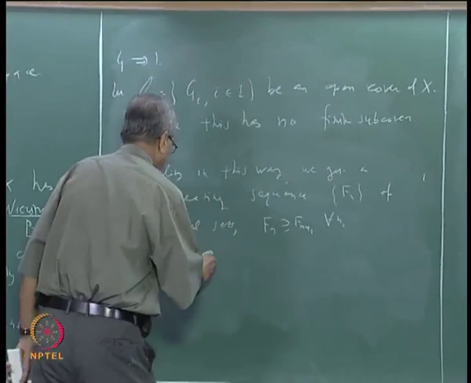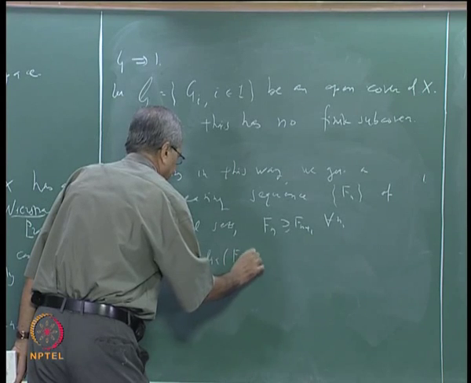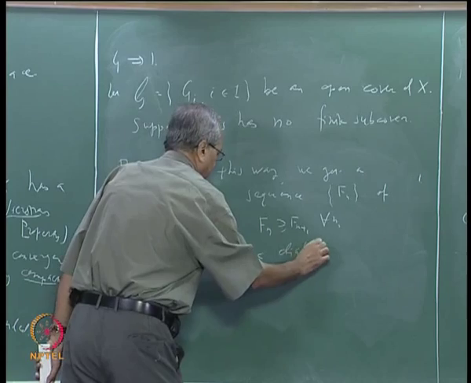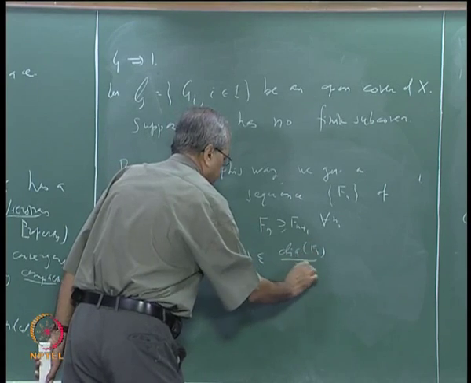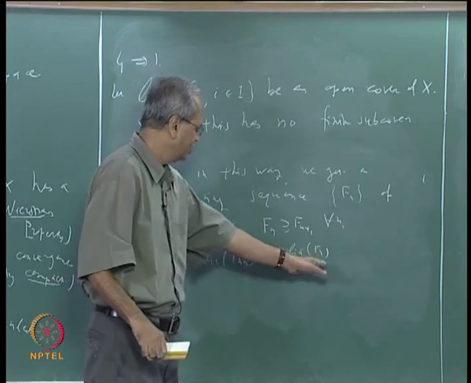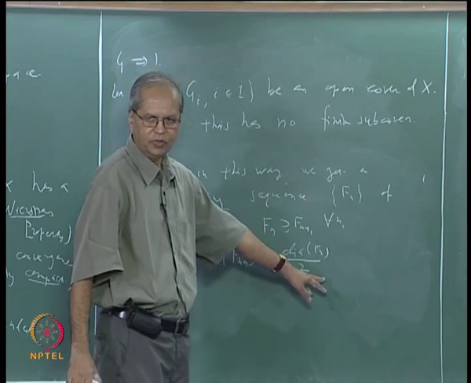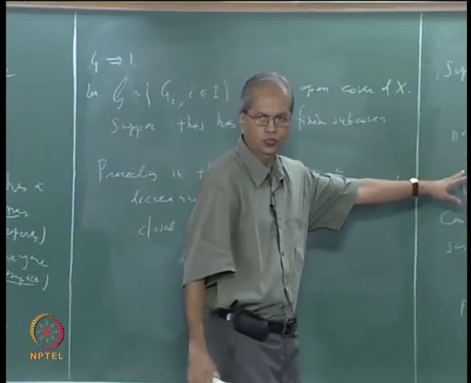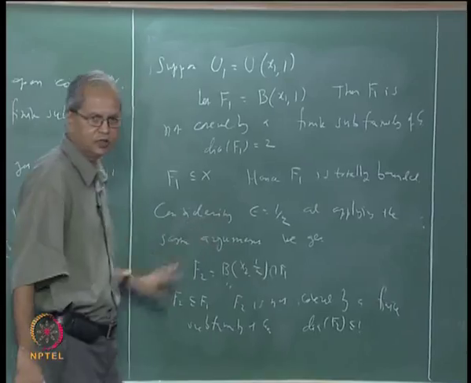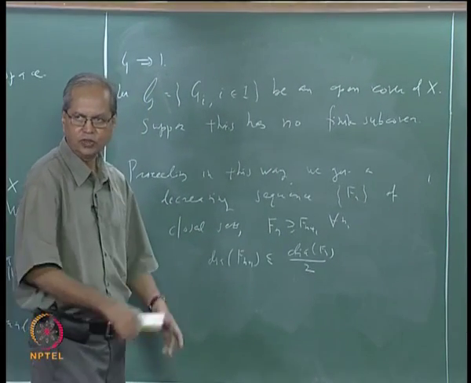So the diameter of Fn plus 1 is less than or equal to the diameter of Fn by 2. And I believe if you continue like that, because the diameter of F1 was 2, the diameter of F2 is less than or equal to 1, etc. So in general the diameter of Fn plus 1 is less than or equal to 1 by 2 to the power n.